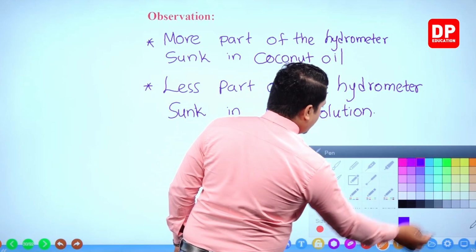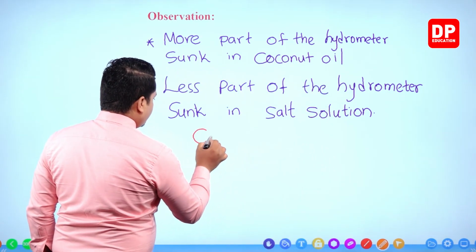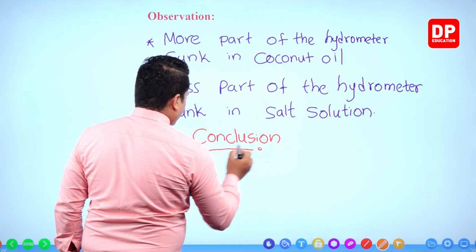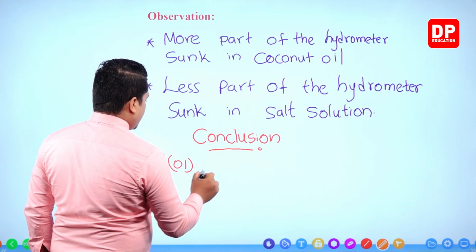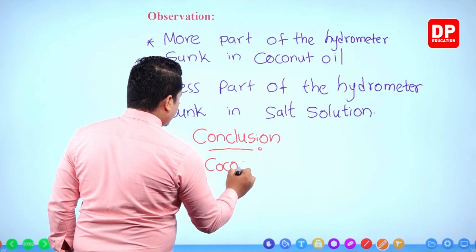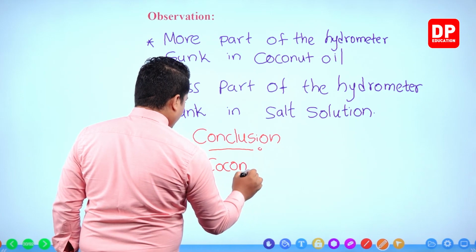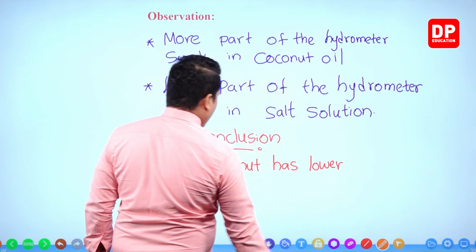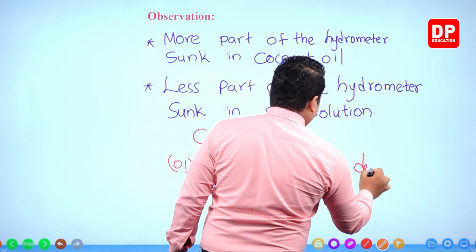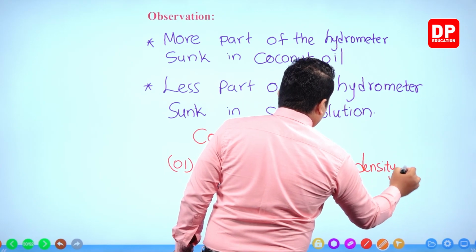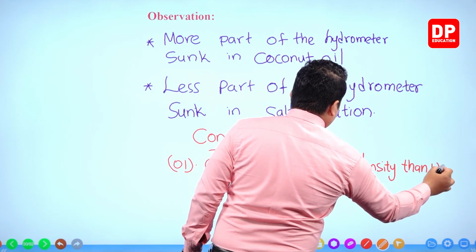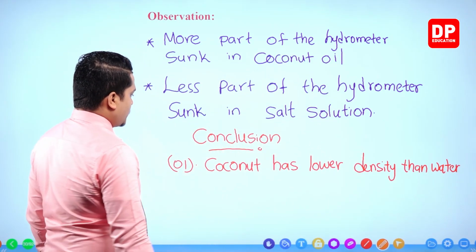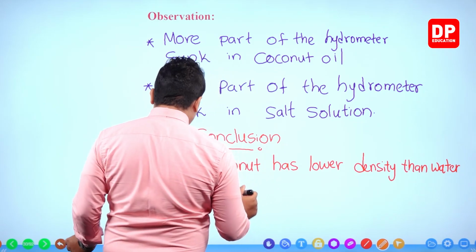What is our final conclusion then? Number 1, coconut oil has lower density than water.